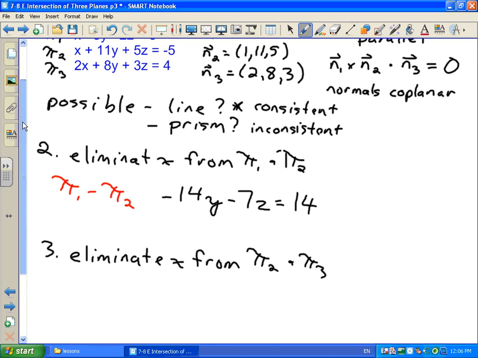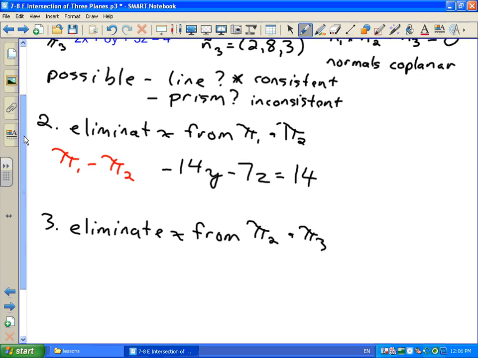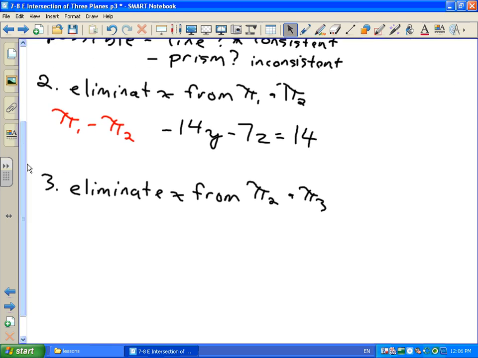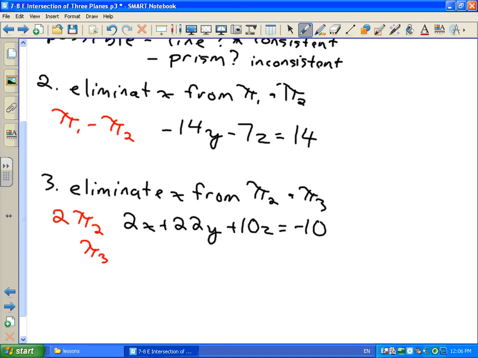I'm going to have to multiply plane 2 by 2 to get these things to eliminate. So I'm going to do 2 times plane 2 and then plane 3 here. So let's just write out what that is going to be. 2 times plane 2 is going to be 2x plus 22y plus 10z equals negative 10. And then plane 3 will just keep the same, 2x plus 8y plus 3z equals 4.